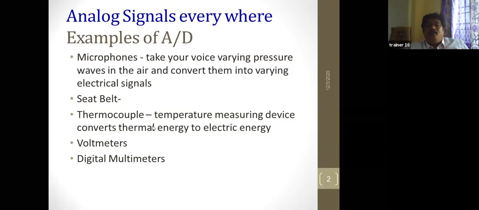But with the help of the thermocouple, whatever the temperature, what is the physical variable here? Temperature is the physical variable. Thermal energy is nothing but temperature. That temperature analog signal is converted into an electrical signal, right? The output electrical signal comes from the transducer, which is the sensor, the thermocouple.